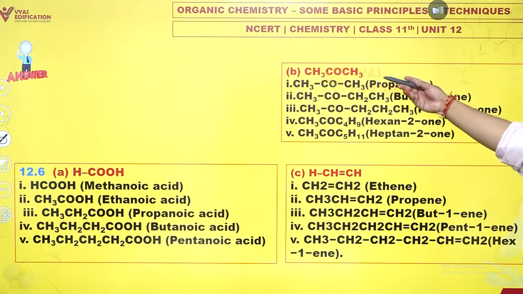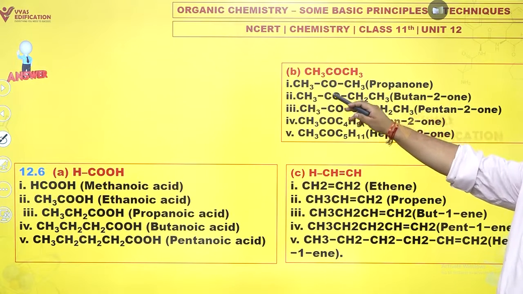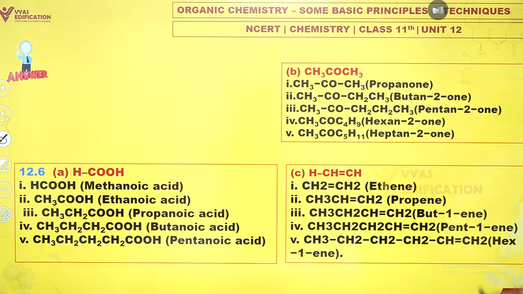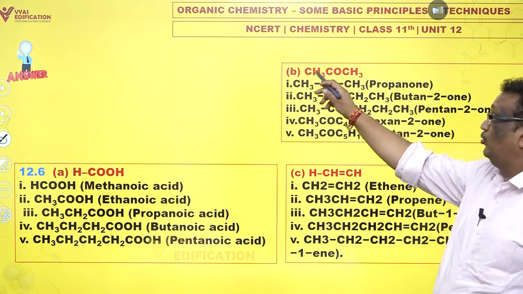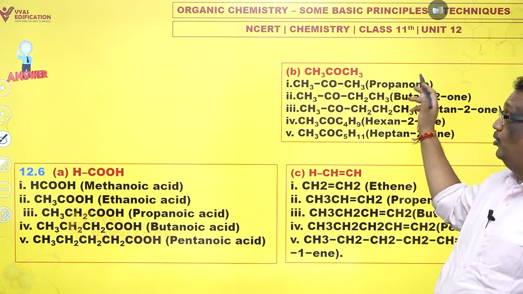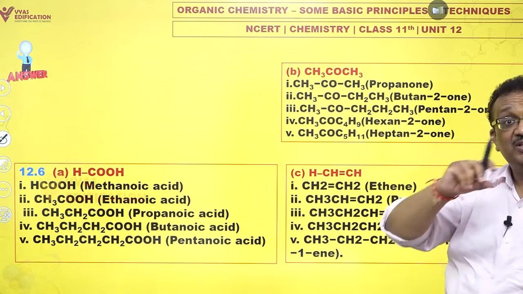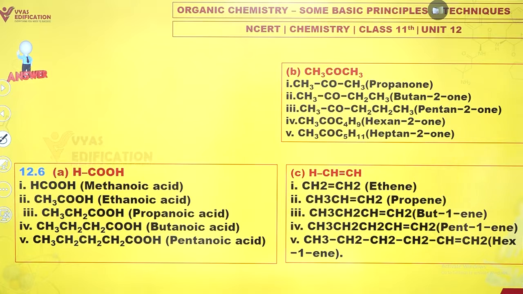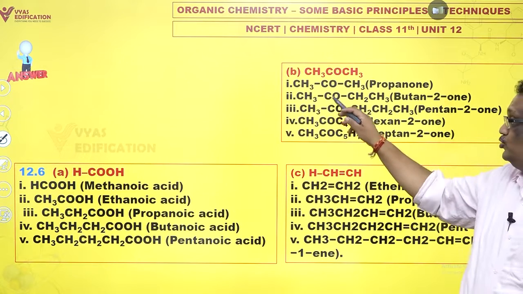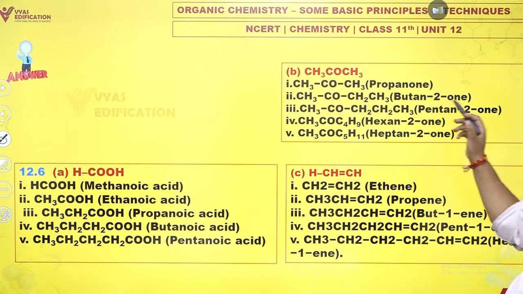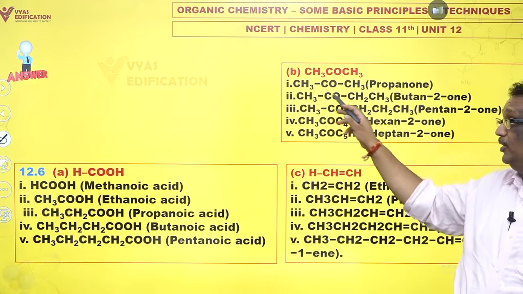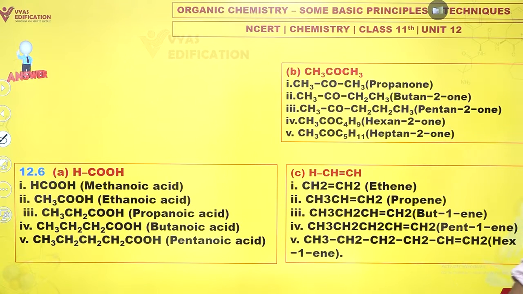This is acetone. Now, if I add one more CH2 group, I'll start getting different members. Acetone is also sometimes called propanone. The carbon chain contains 3 carbons, so propanone. 1, 2, 3, 4, butanone, and the ketone appears on number 2, so butan-2-one.